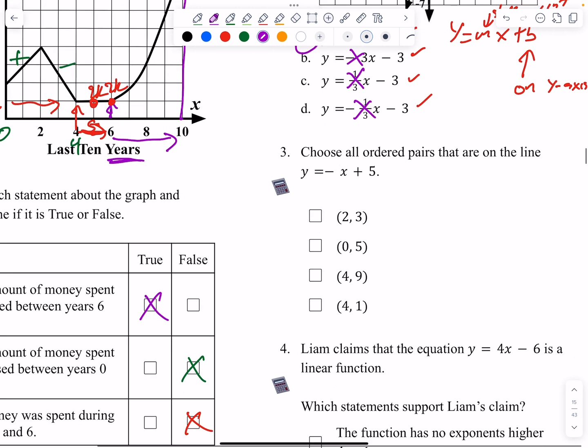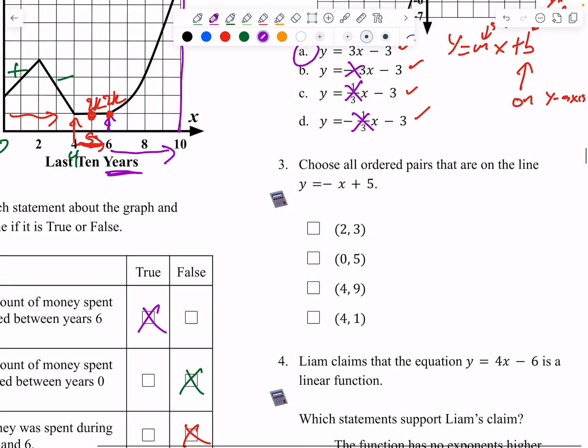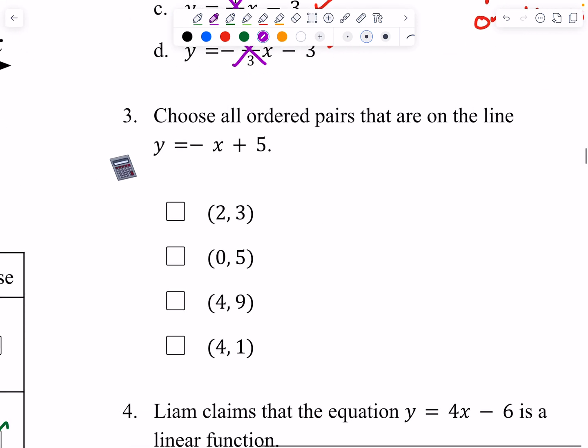All right, choose all ordered pairs that are on the line. Okay. So here's where it's a little tricky, and a lot of this is just plug it in. I'm going to show you why the calculator is really nice because one of the things I always tell students is if you're solving an equation and it's multiple choice, they gave you the answer so you can just plug it in, okay?